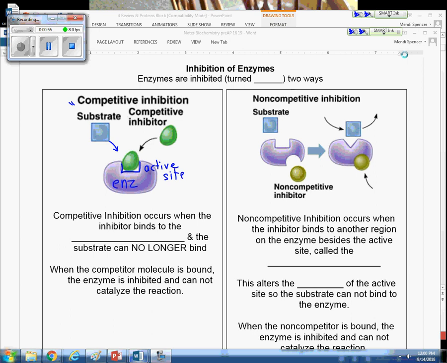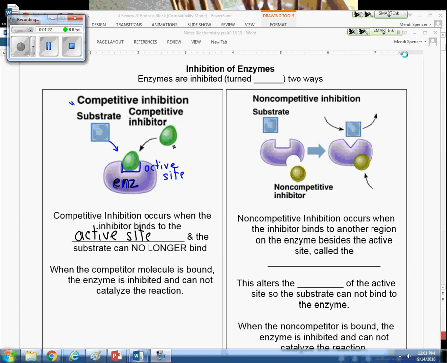So here's the enzyme. And then the substrate can be converted into the product. Well, we have a problem because we have a different molecule, an inhibitor, that is already occupying the active site. Therefore, the substrate can't fit into the active site, and then the reaction in the enzyme is being inhibited. So it's competitive because they're going after the same thing. Both molecules want to attach to the active site.